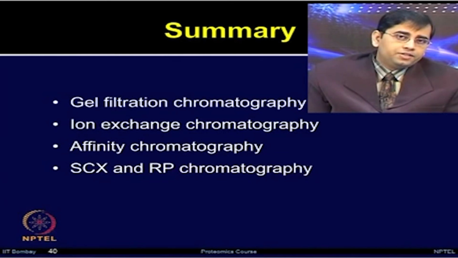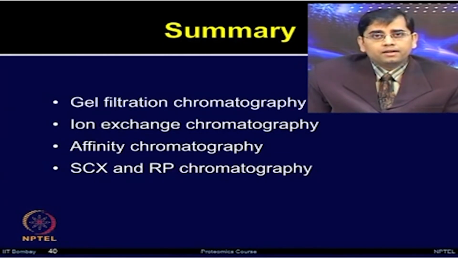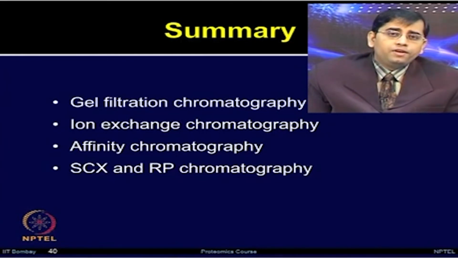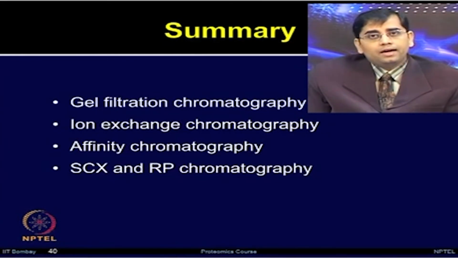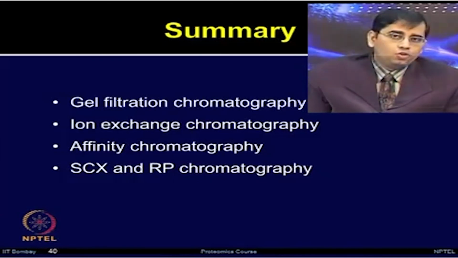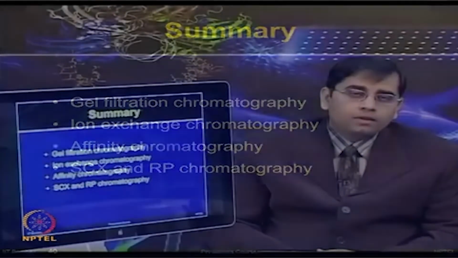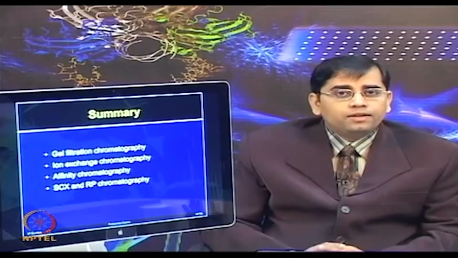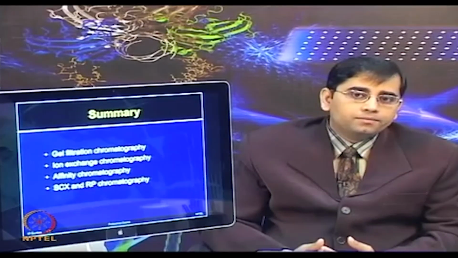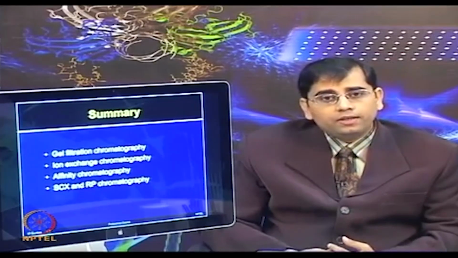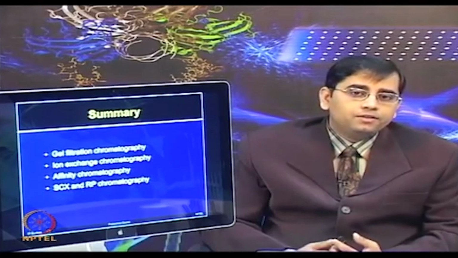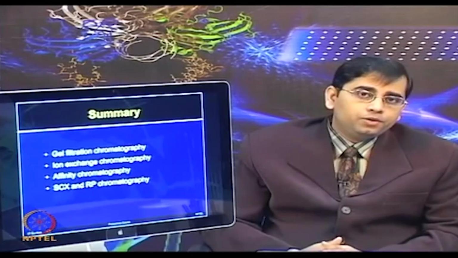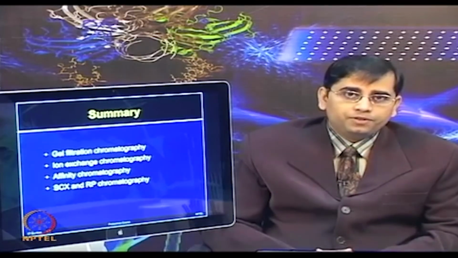Strong cation exchange and reverse phase high performance liquid chromatography are fundamental tools for the isolation and analysis of peptides. Nanoliquid chromatography, which makes use of C18 capillary columns, has gained popularity for proteomic studies due to its ability to achieve fine separation.